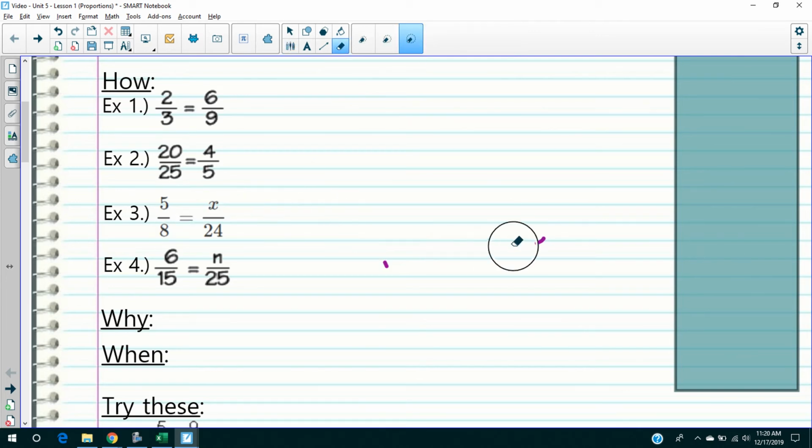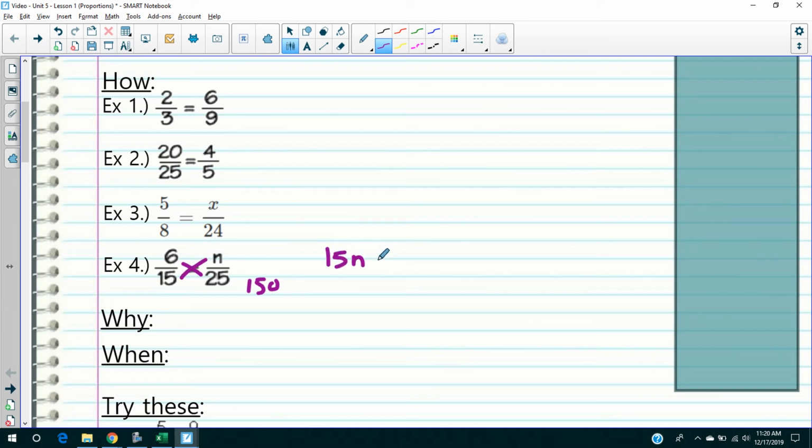Now, let's do one last one together. Here we've got 6 times 25. What's 6 times 25? Yep, 150. And 15 times n is 15n. That equals 150, because they're supposed to be equal.